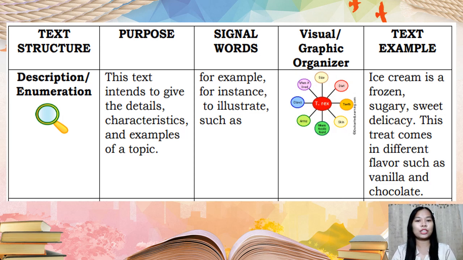The first text structure is description or enumeration. Now, what is its purpose? This text intends to give the details, characteristics, and examples of a topic. So, what are the signal words usually used in this description or enumeration text structure?